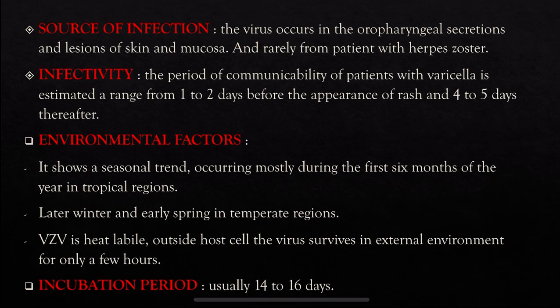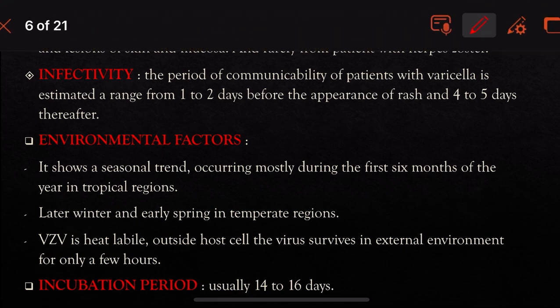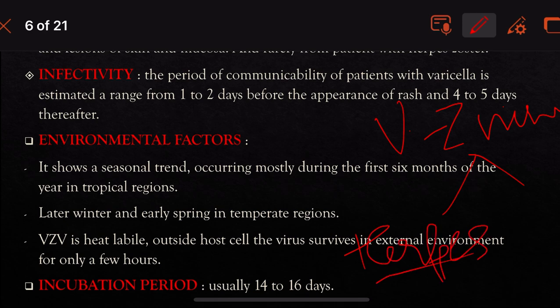Moving further, what is the source of infection to this chickenpox? The virus will occur in oropharyngeal secretions and the lesions of skin and mucosa, and rarely from the patient with herpes zoster. I told you the varicella zoster virus is going to cause both herpes zoster and chickenpox.